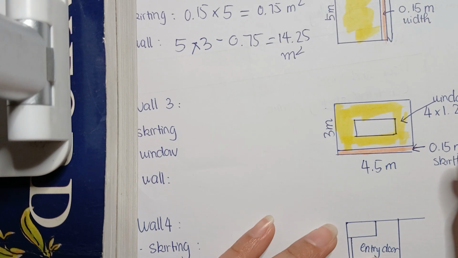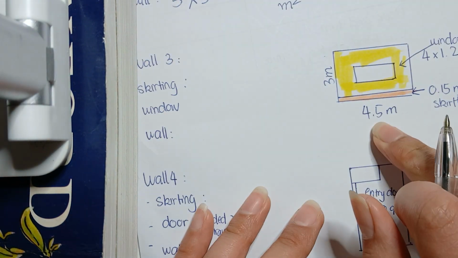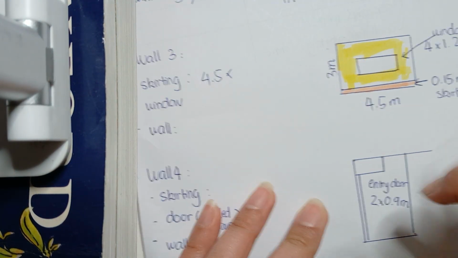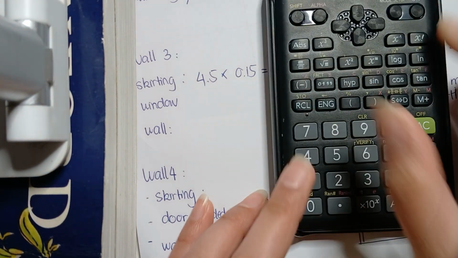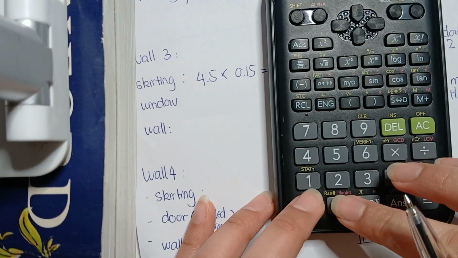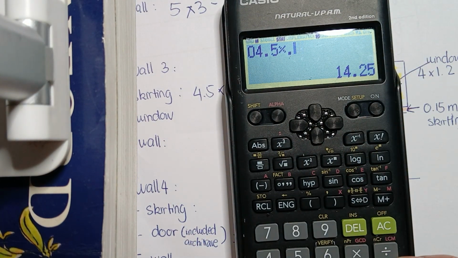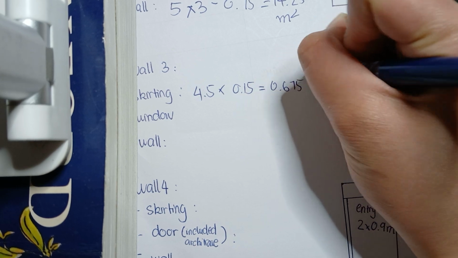Okay, now skirting. Skirting, we're gonna work on the orange part, which is the length, 4.5 meter, multiply with the width, which is 0.15, equal to 0.675 meter square.